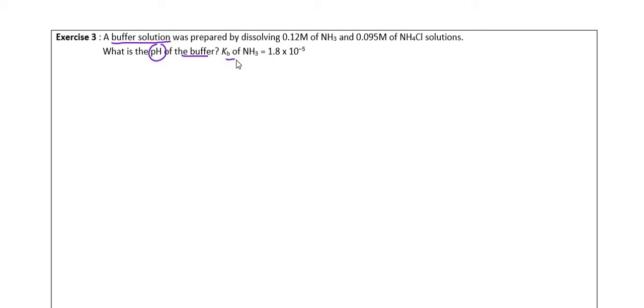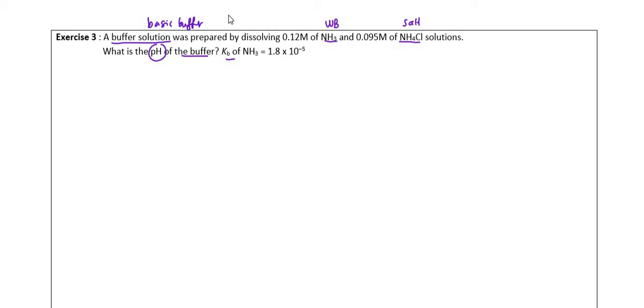If you don't want to refer to this value, you can also refer to the species. It involves ammonia, which we already know is a weak base. This is your salt. Salt mixed with a weak base, confirmed this is a basic buffer.